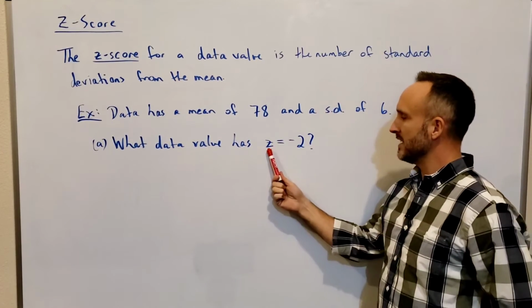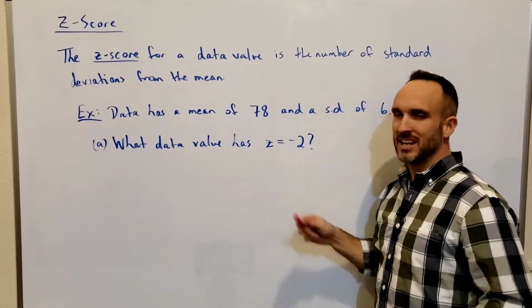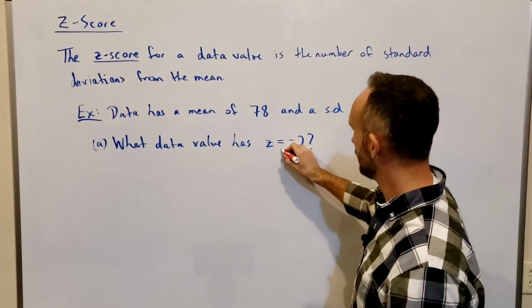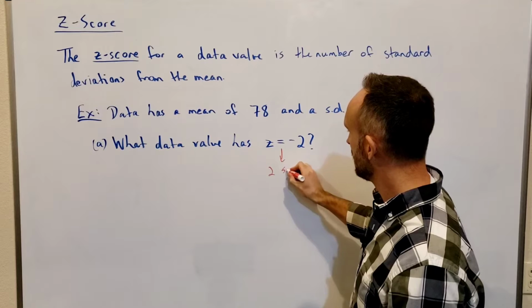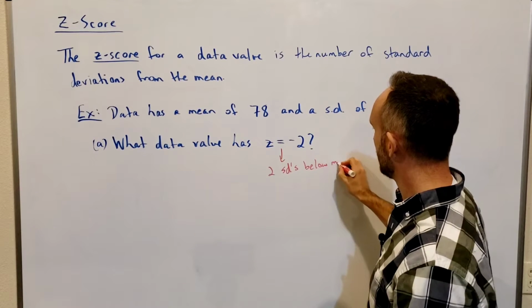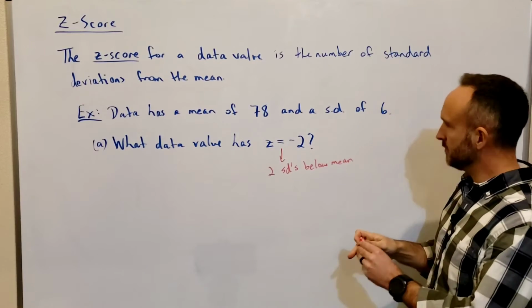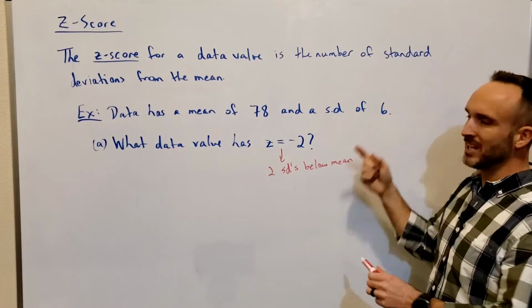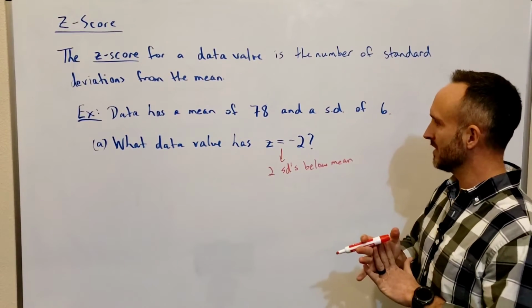What does it mean if we say z equals -2? Well, that means we are 2 standard deviations below the mean. And we know that 1 standard deviation is 6 units in this case.